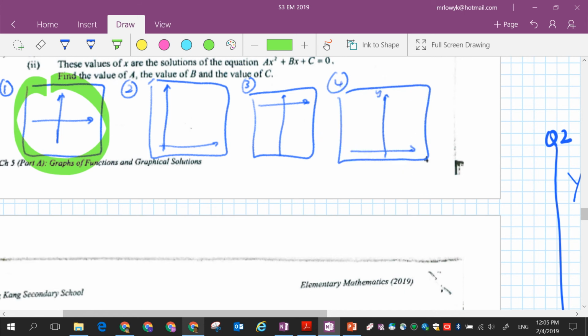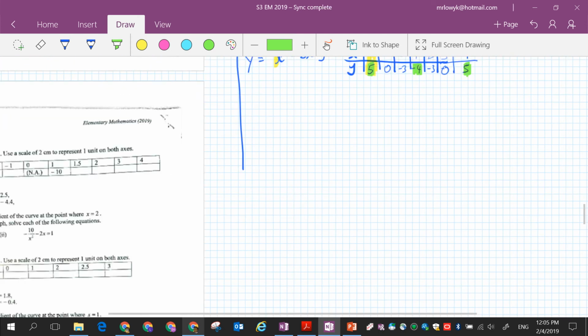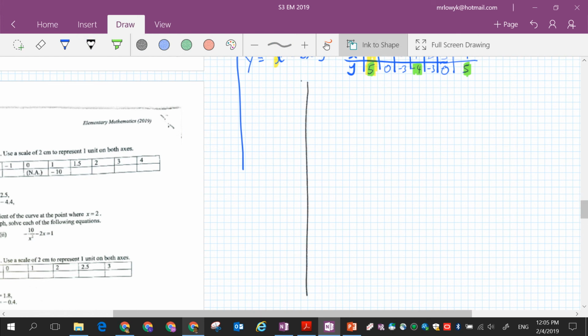Somewhat like 1, right? Okay, now let's go to the graph paper. So what I want you to do is, if it's somewhat like 1, take out a pencil, pencil in the shape. Pen means if wrong you have to buy the graph paper again.